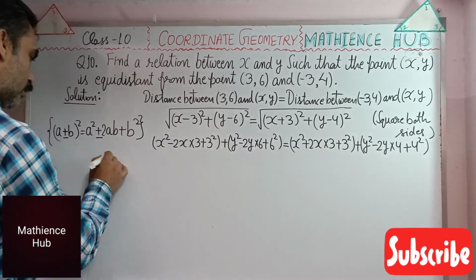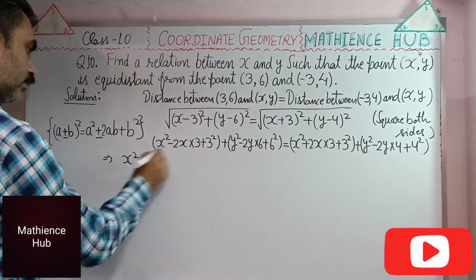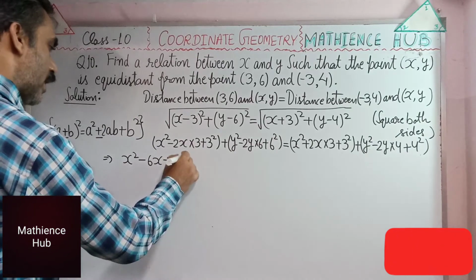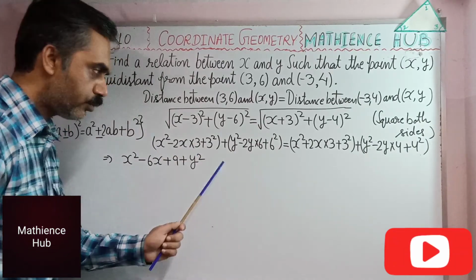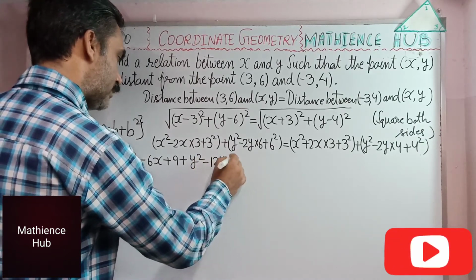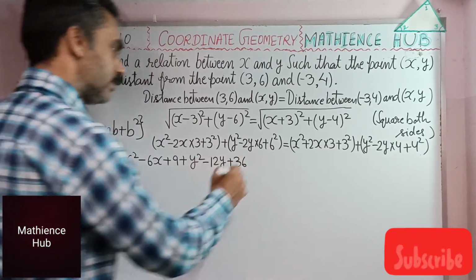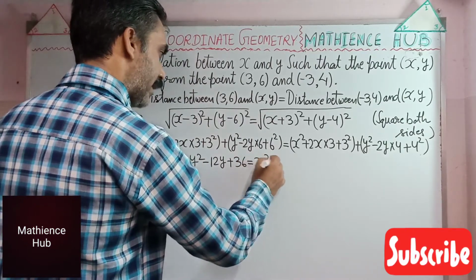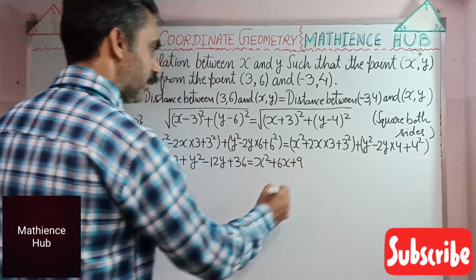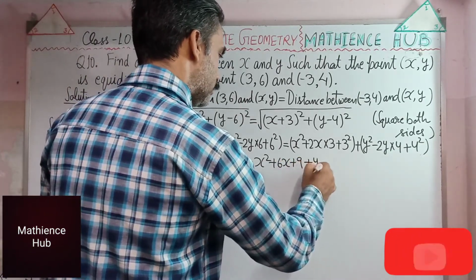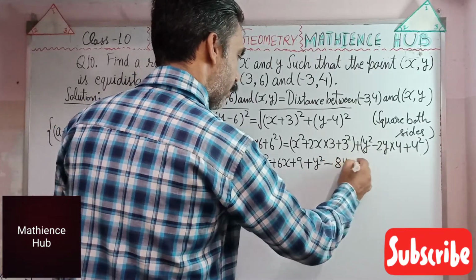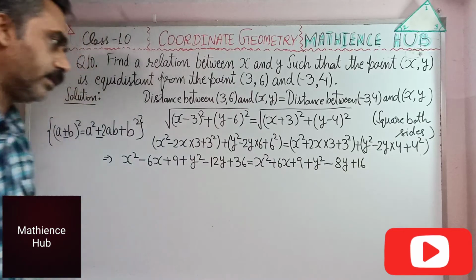Solve this. X square, 2 3s are 6x, plus 3 square is 9, y square, 2 6s are 12, minus 12y plus 6 square is 36. Right hand side: x square plus 6x plus 3 square is 9, plus y square minus 2 4s are 8y plus 4 square is 16.